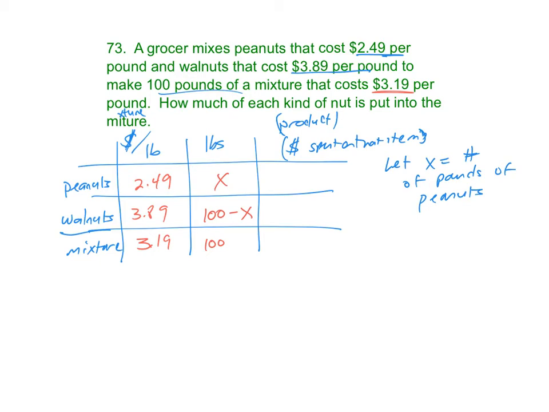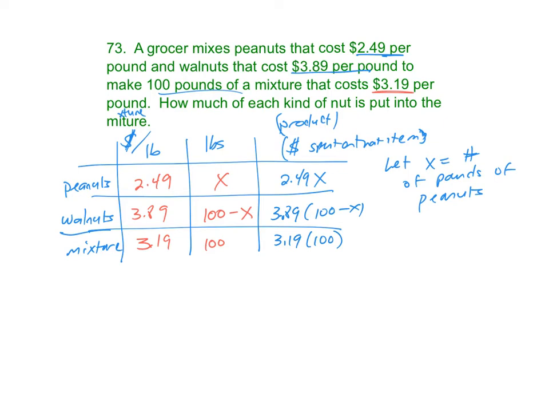Then we're going to go ahead and multiply across each of the rows. So we'll have 2.49x. We'll have 3.89 times 100 minus x, and we'll have 3.19 times 100. And now we can say whatever we're going to add, peanuts plus walnuts is going to give us the mixture.